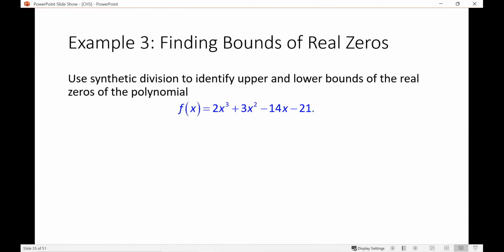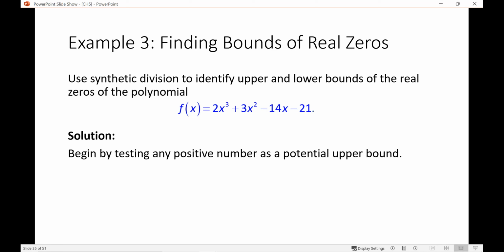If we want to identify the upper and lower bounds of the real zeros of this polynomial, we can use synthetic division just by guessing and checking some different possible upper or lower bounds. So let's test some positive number as a potential upper bound. Let's test 2. Okay, it would be nice if there weren't any positive real zeros greater than 2.